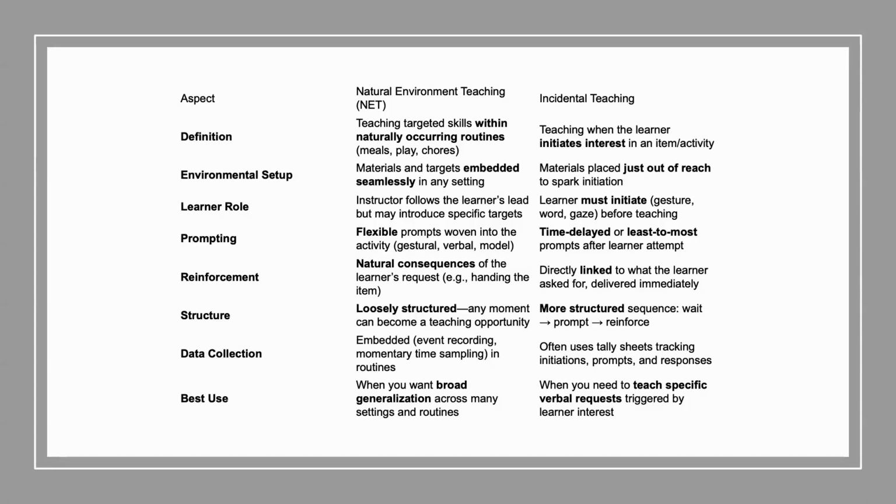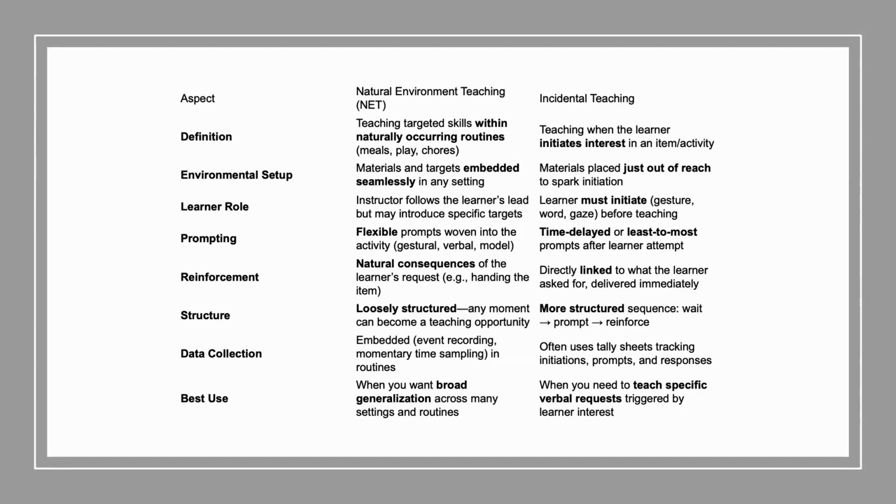NET is a very loose structure, while incidental is very structured. It's the next most structure after DTT because we're really just all about those initiations. And then NET data collection might be event recording, momentary time sampling within routines. And then incidental is often just tally counting initiations, prompts, or responses.